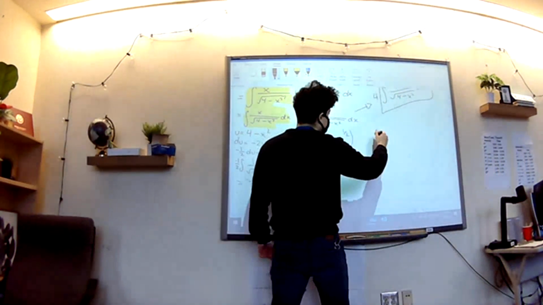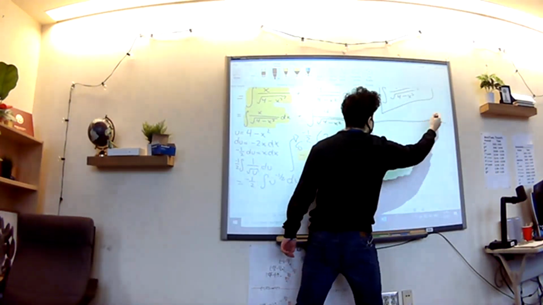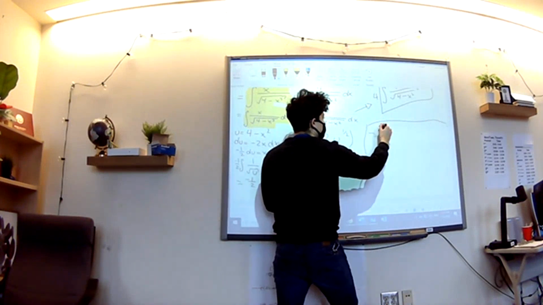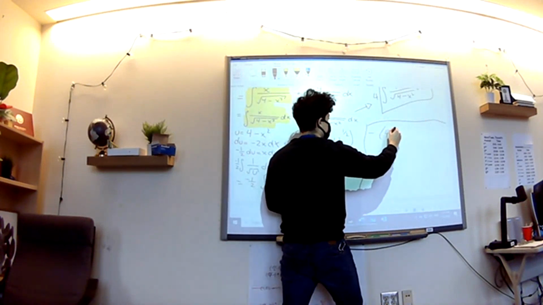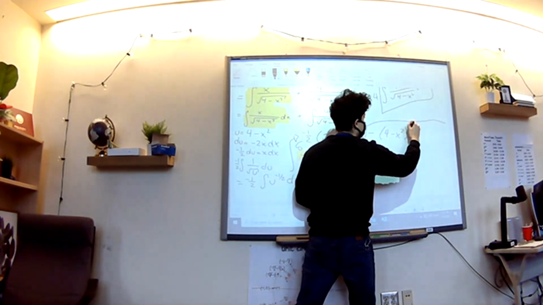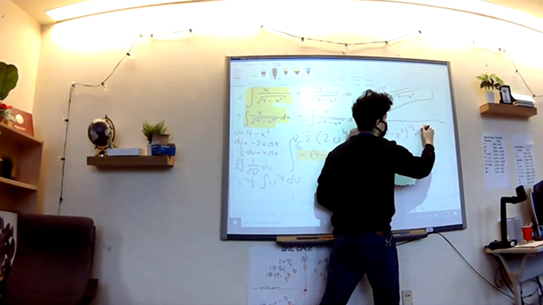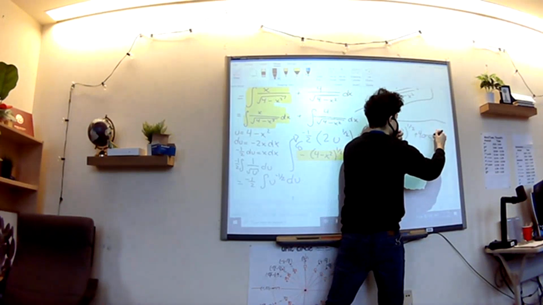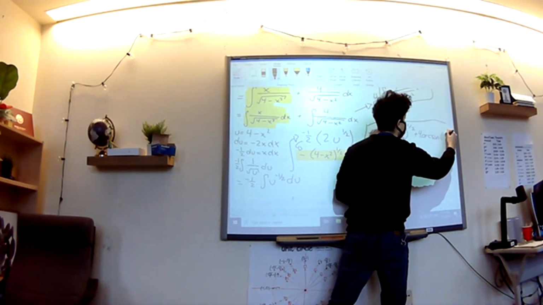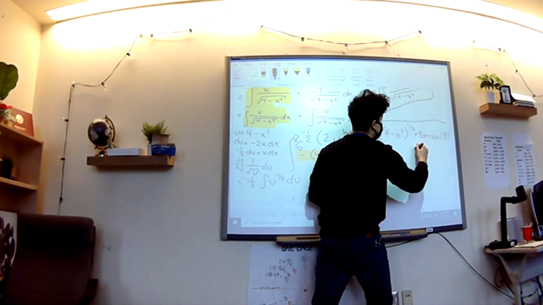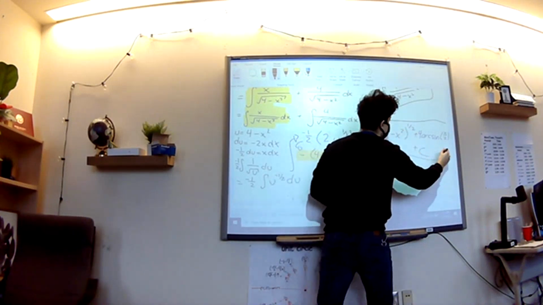So here is our final answer. We can put a box for it. Negative 4 minus x squared to the 1/2. Plus this integral is, like I just said, plus 4 arc sine of x over 2, and then plus c. And now we smile.